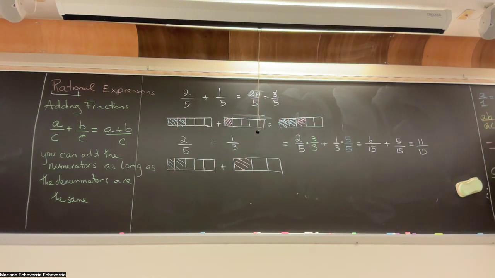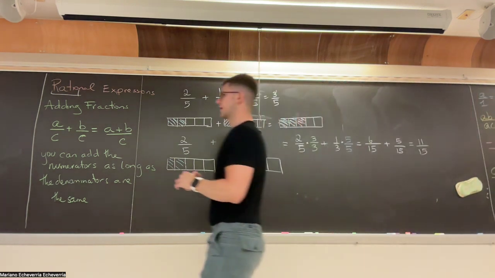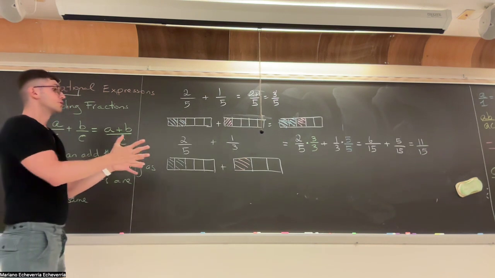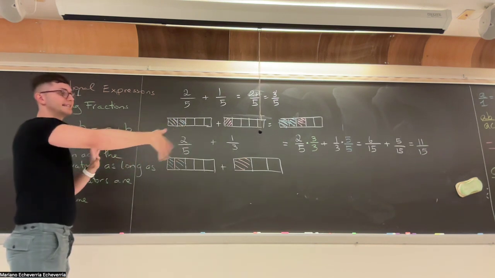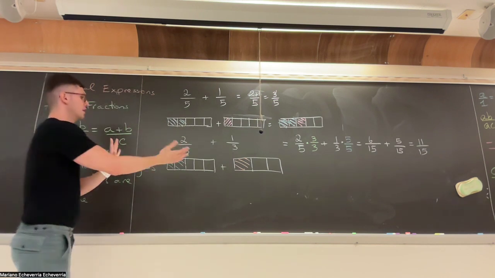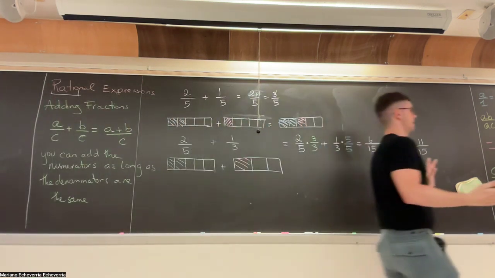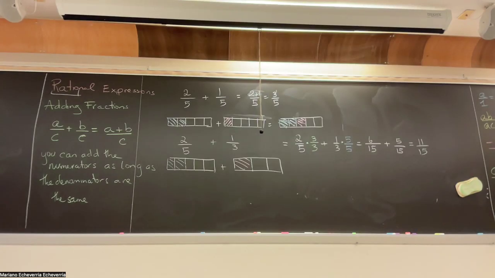Is that making sense? It's a cute trick of rescaling. Again, the denominator tells you into how many pieces you're cutting the numerator, so you have to make the cuts of the same amount so that you can actually compare them. Otherwise, it's like adding euros with dollars.